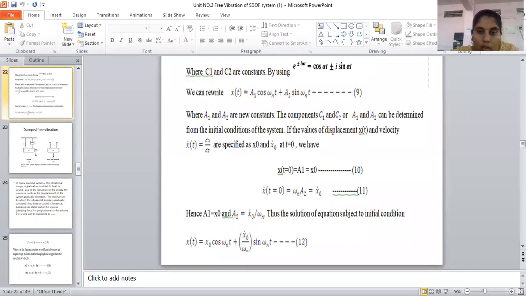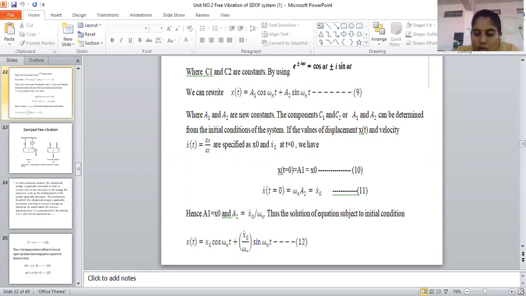In this lecture, we'll see the derivation which is based on the damped free vibration system. All of you already know what is meant by the undamped system and what is free vibration. There are two types: the undamped free vibration system, and the damped free vibration system.